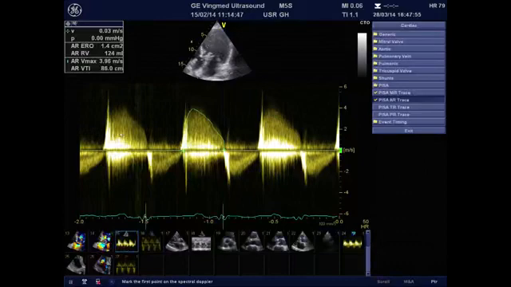And you can see here that this is a very severe aortic regurgitation, with more than 1 square centimeter of regurgitant orifice area. But you know also that the quantification of aortic regurgitation is sometimes difficult, and we need to have several methods of quantification.